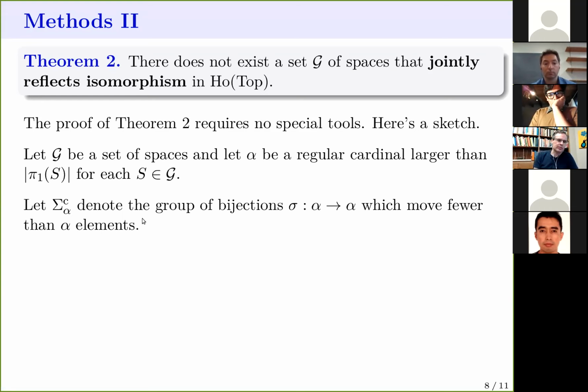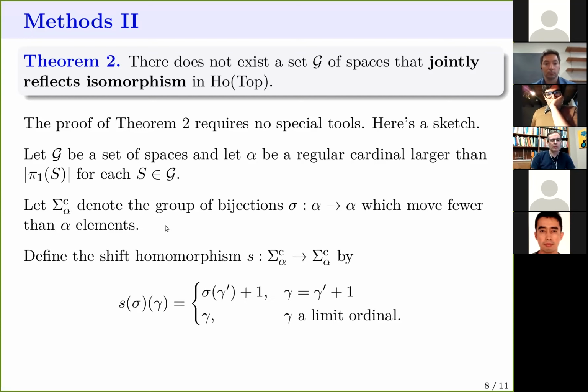But this C is supposed to mean something like compact support. What I mean precisely is that if you look at the subset of alpha of all the points that are not fixed by an element sigma, that has to have cardinality less than alpha. So it's permutations that have support that's strictly less than alpha in cardinality.